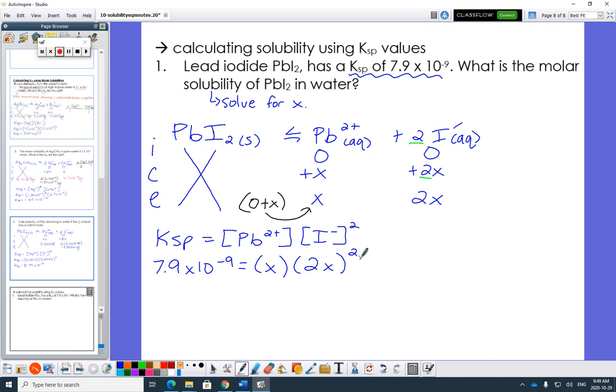So this is where we're going to get, this is x. 2x squared is 4x squared. So you do have to remember when you multiply a common base, you add the exponent.